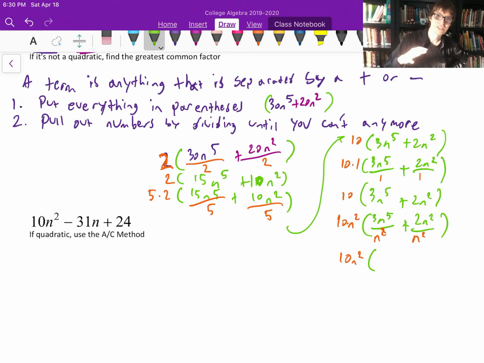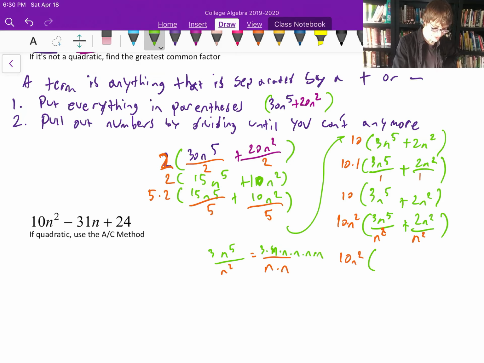Remember, when you do division, you've got to subtract the exponents. The way to think about that, if you want to go to an aside and really be complex about it: for 3n to the 5th divided by n squared, at the bottom we have n times n, because that's what n squared is, and at the top we have 3 times n times n times n times n times n.